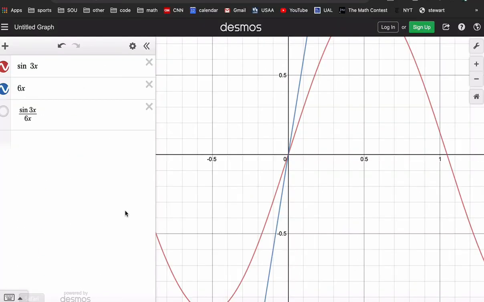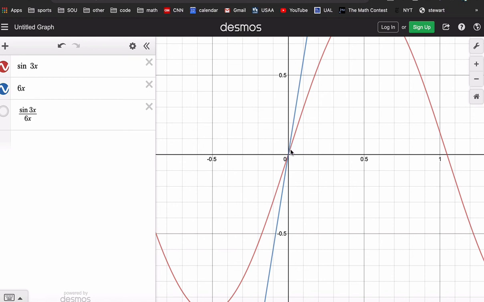That makes sense. Why is it 1/2? Because at any given point, the numerator here is half as big as the denominator. The red thing is half as big as the blue thing. So it doesn't matter how close I get to 0. When I get infinitely close to 0, you can't even see it because we can't zoom in enough. But the blue thing is twice as tall as the red thing.